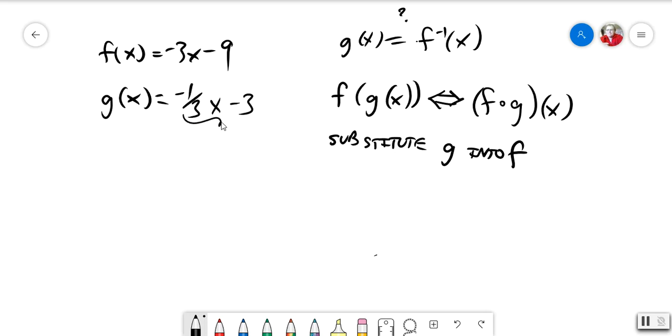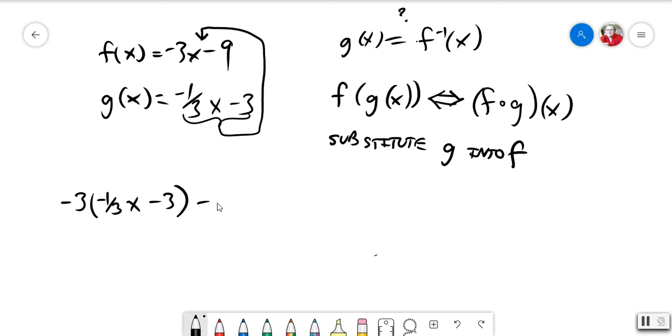So I take all this stuff here and take it up there and plug it in and see what happens. Negative 3 times negative 1/3 x minus 3 minus 9.